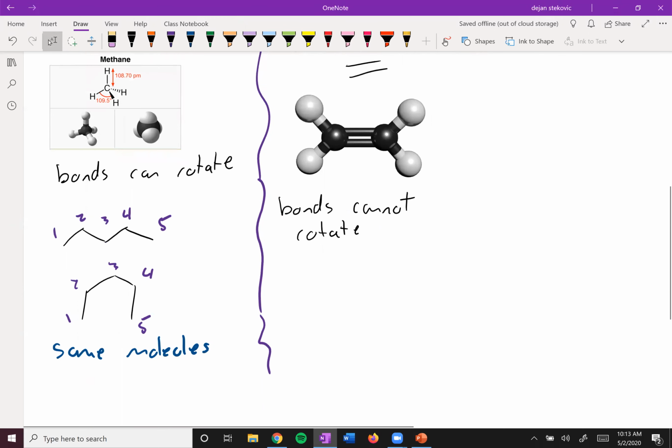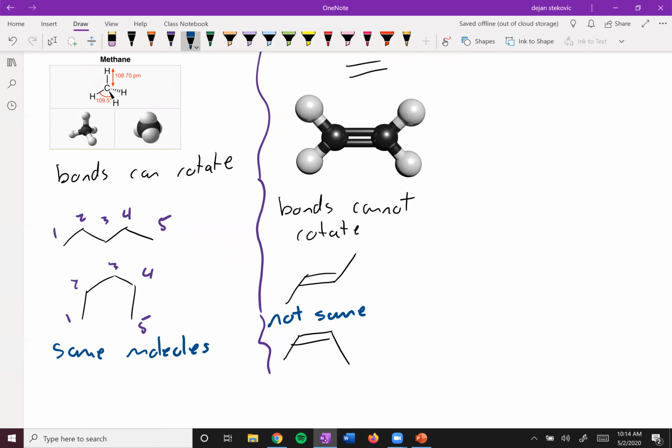And so if you have a molecule that looks like this versus a molecule that looks like this, right, these two are not the same. In this top structure, we have these carbons on opposite sides of the double bond.